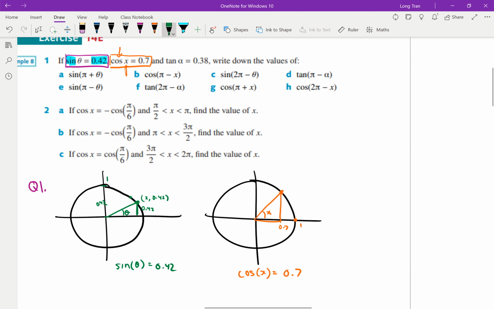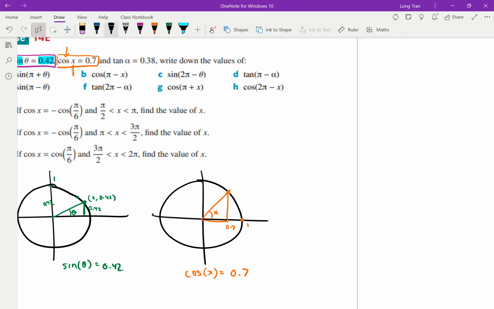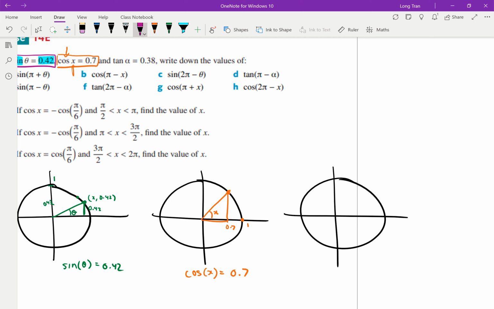All right, and then finally, tan of alpha is 0.38. I'm going to draw a diagram just to help you visualize. Tan is the gradient. Remember, a gradient of 1 looks like this, because it's 1 by 1. So it's a nice isosceles triangle, 45 degrees, 45 degrees.